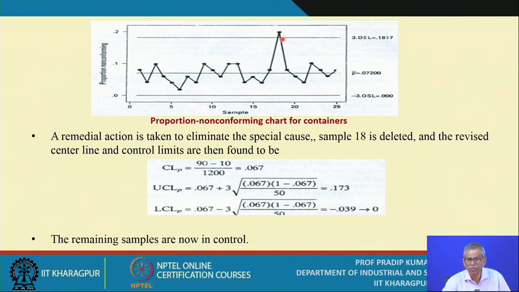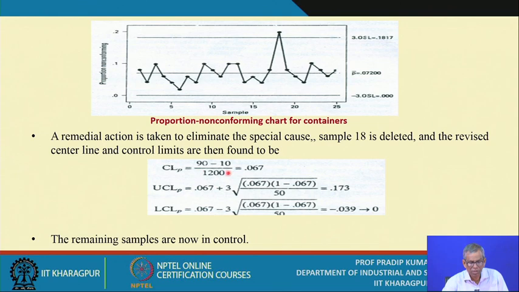Not non-conforming, out of control, and that's why this point is removed. Sample 18 is deleted, and the number nonconforming in that particular sample was 10. So the total number is 90 minus 10, divided by 1200, because it was 1250 and one sample is removed.